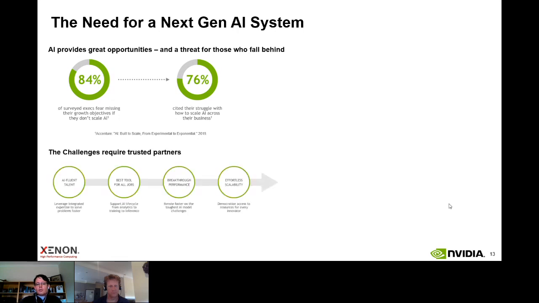And so what's really required to make that easier? It really requires trusted partners who can help all the way from working with talent, with personnel that's experienced in the space of deep learning and AI, both on the infrastructure side as well as on the implementation and productization side. Of course, we also need to work with the best tools. Otherwise, the scaling is really becoming a challenge.